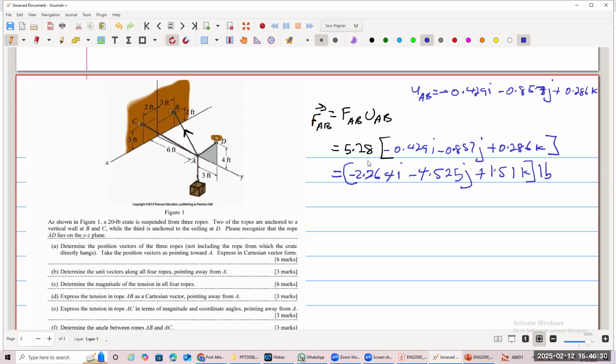F AC is equal to the scalar value of the force, or the magnitude of the force, times its unit vector AC. What was the scalar value? It was 7.92. All right, and then we multiply it by its unit vector.